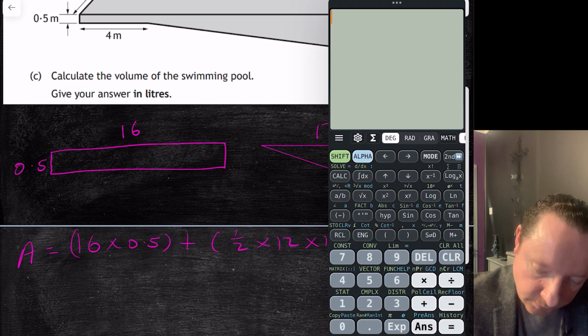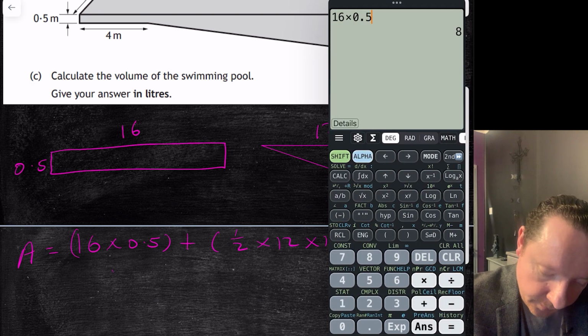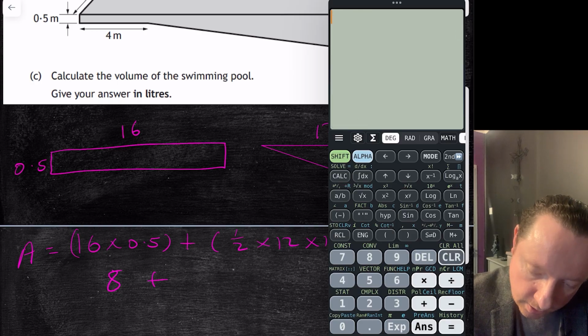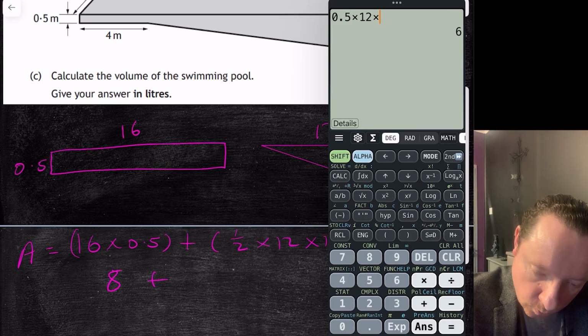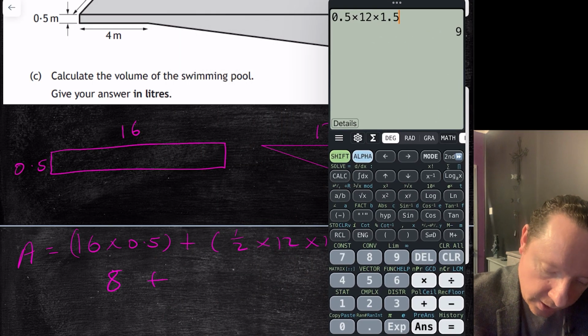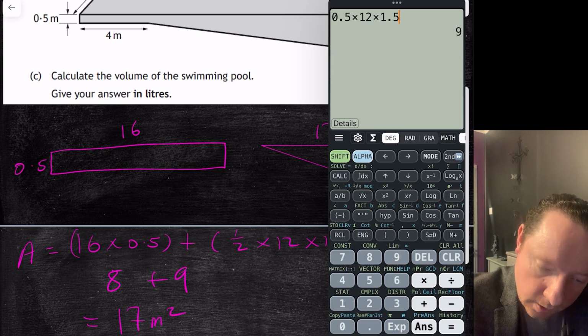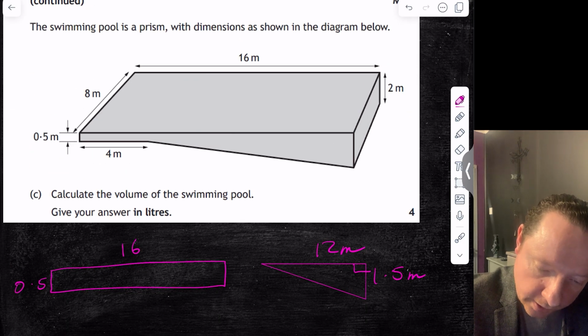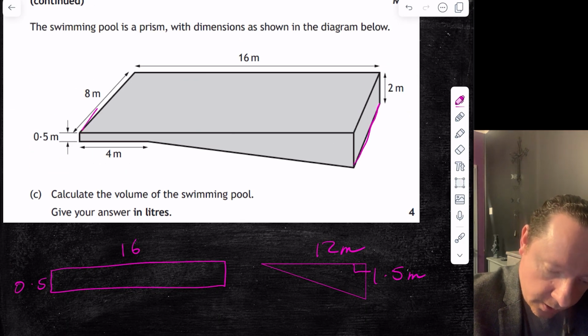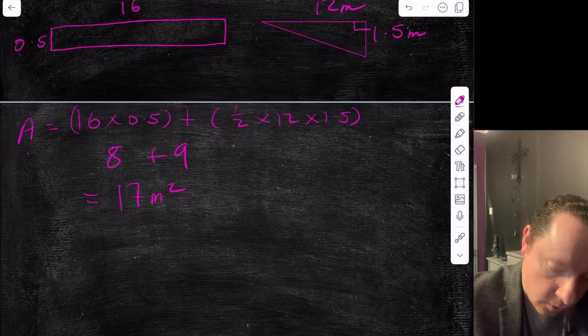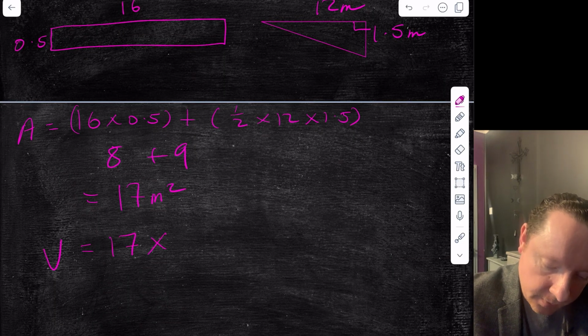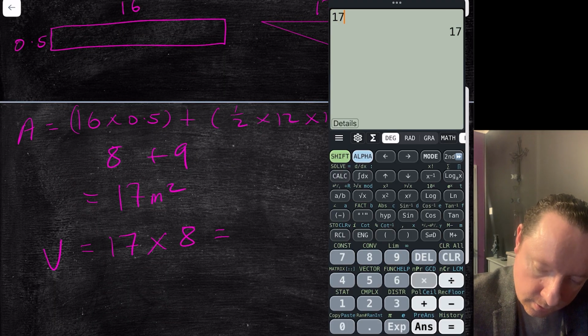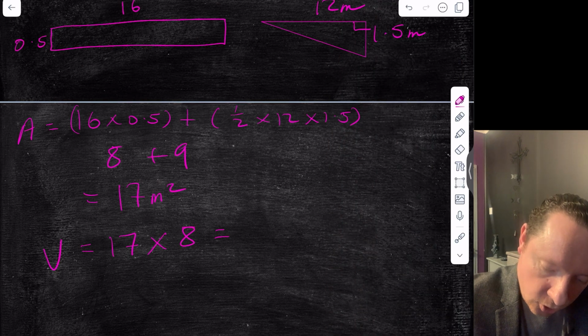So 16 times 0.5 is 8, plus a half, which is 0.5, times 12 times, and it was 1.5 height, not 2, which is 9. 8 plus 9 is 17 square metres. Then we know our depth is going in this way, which is the same as this one, so it's 8. So our volume is 17 by 8, which is 136 metres cubed.